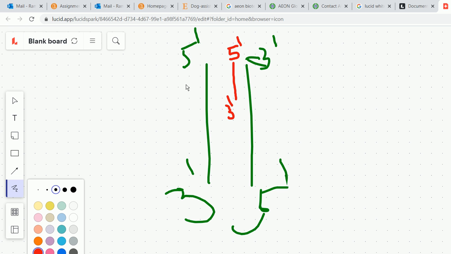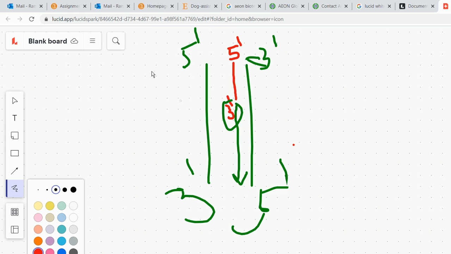Now what does DNA polymerase need? DNA polymerase needs a free 3' end. So this is the RNA primer. DNA polymerase will come, and it will make the new strand of DNA here. Because it needs a 3' end, it is getting it, so it will make a new strand. All good, right? Now, there's a problem with the opposite strand.